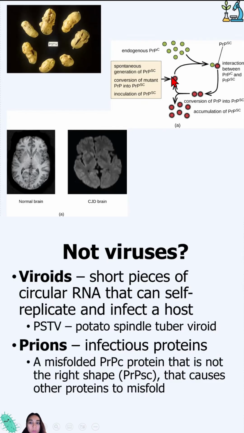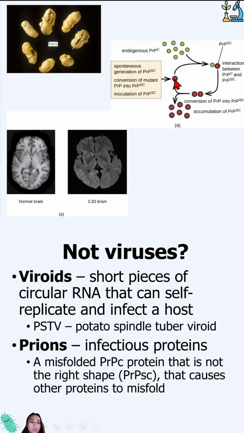Now, if the PrPC protein is misfolded, meaning that it is not in the right shape, then we call it PrPSc. Okay. Now, what's scary about this misfolded protein is that if it interacts with a normal PrPC protein, it will cause that normal one to also convert into the misfolded one.